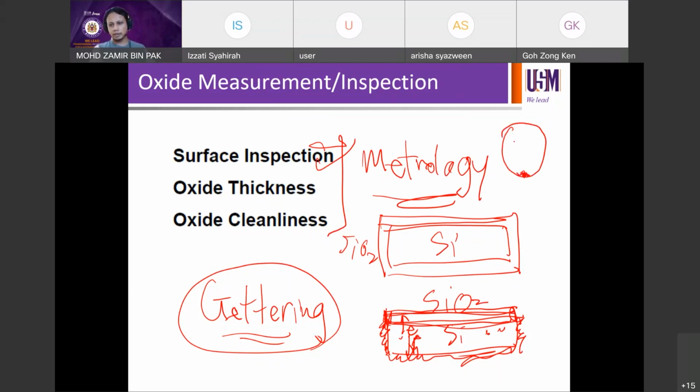So you want to make sure that the particles are not there, or the particles are within control or within specs. If it's 5, then 5 only. If it's 1000, then 1000. Depending on the sensitivity of the device, right? So surface inspection: you want to make sure that the oxide doesn't introduce unnecessary or unwanted particles on the surface that will affect the next process.